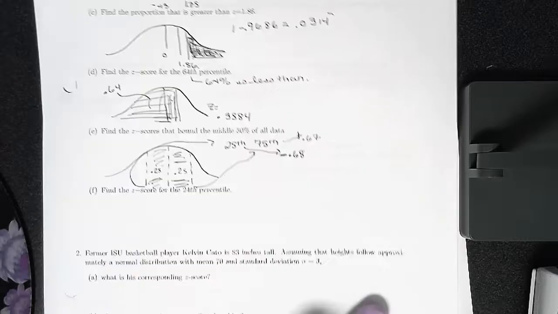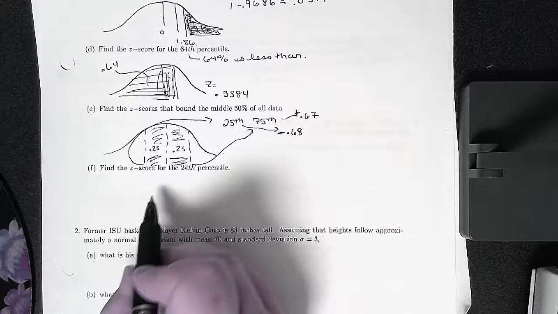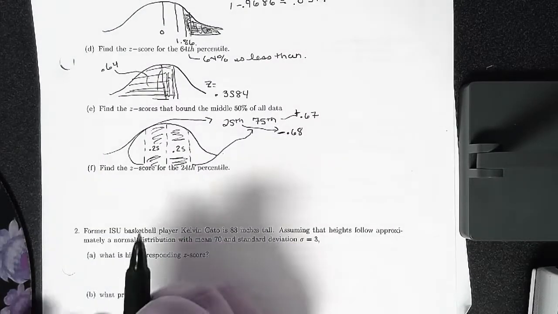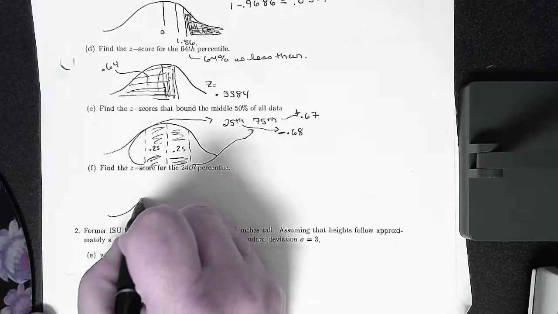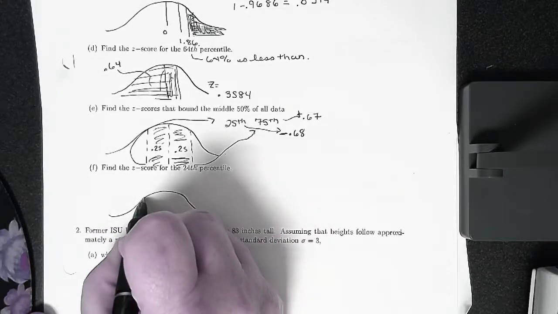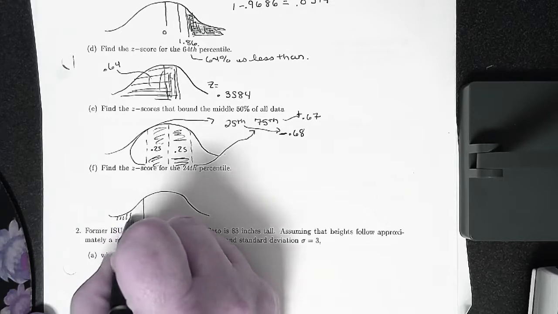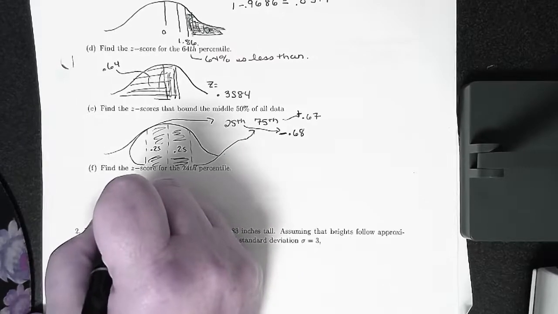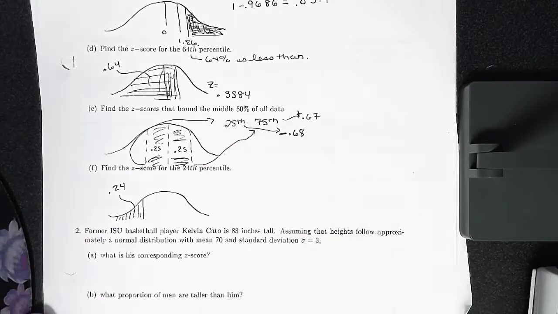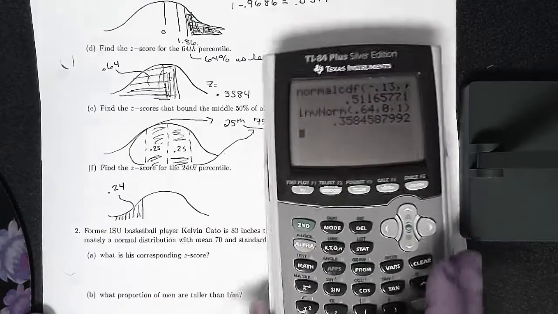And let's finally do F. Find the z-score for the 24th percentile. So again, you're trying to find an area of 0.24, right? So we want to have area equals 0.24. We need the z-score. So let's go ahead and use our calculator for that instead of using the table.